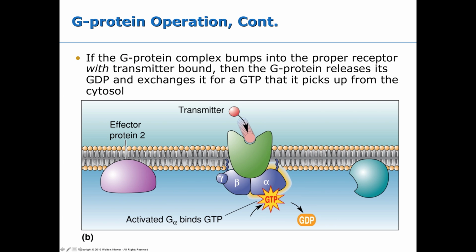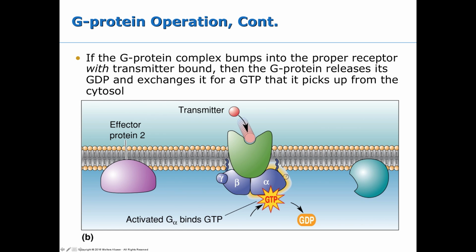Now, remember that the receptors have intracellular coils along with extracellular coils, allowing for transmitter to bind and G protein to bind. If the G protein complex bumps into this receptor with the transmitter bound, then the G protein will release its GDP for GTP that is found from within the cytosol.